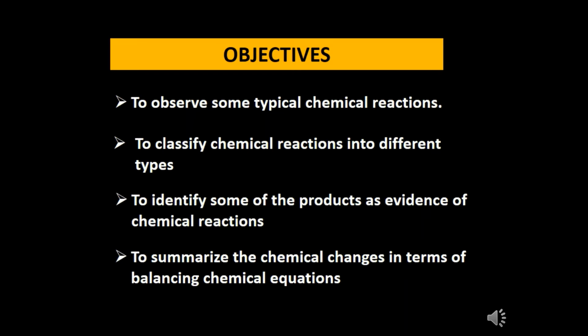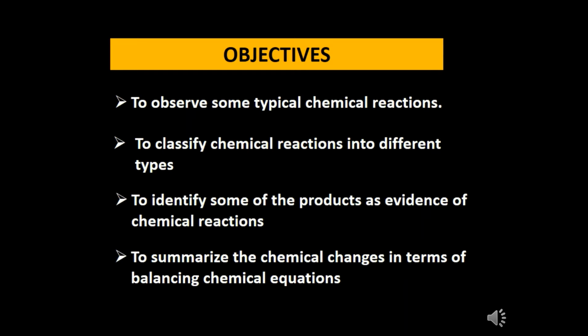The last objective is to summarize the chemical changes in terms of balancing chemical equations. So in this part, whenever we do a chemical reaction, of course we will do it in the lab, but when we want to write it or discuss it, we will write a chemical equation.